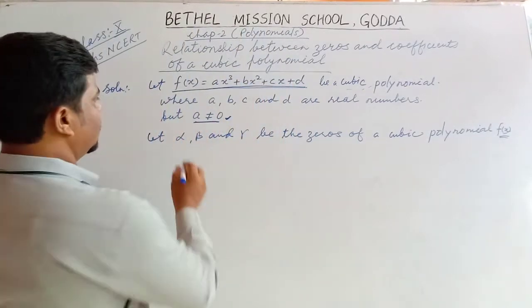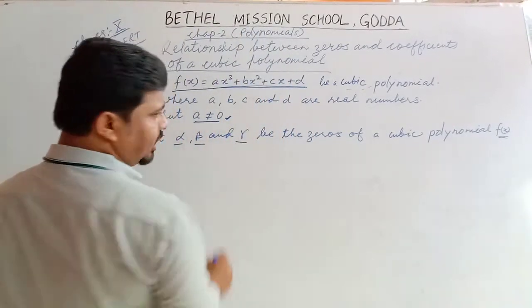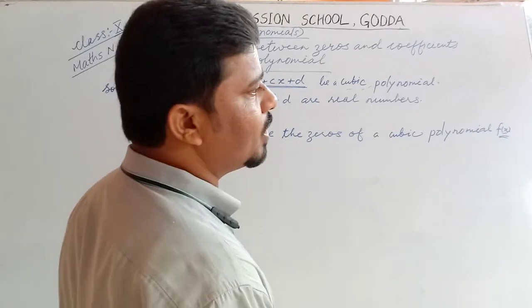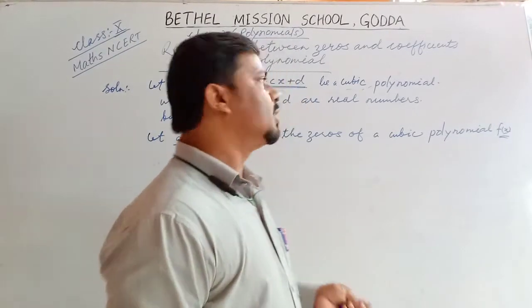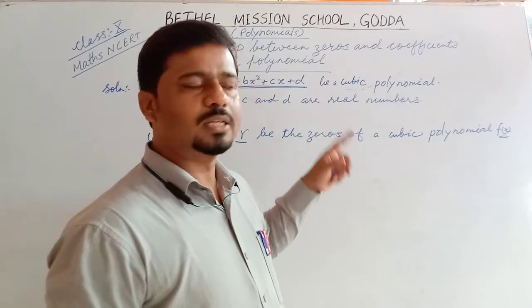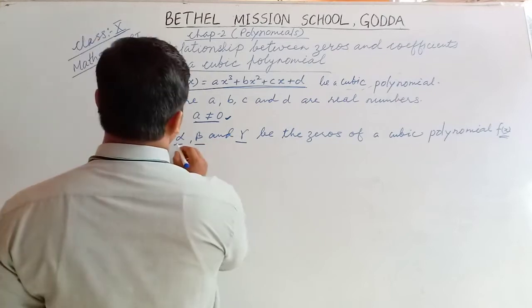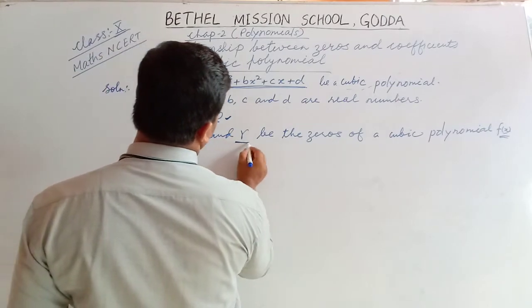Alpha, beta and gamma, 3 zeros. Why 3 zeros? Because this is a cubic polynomial. So cubic polynomial means the degree of this polynomial is 3, and whatever the degree is, the number of zeros will be that many. So the number of zeros here is 3.